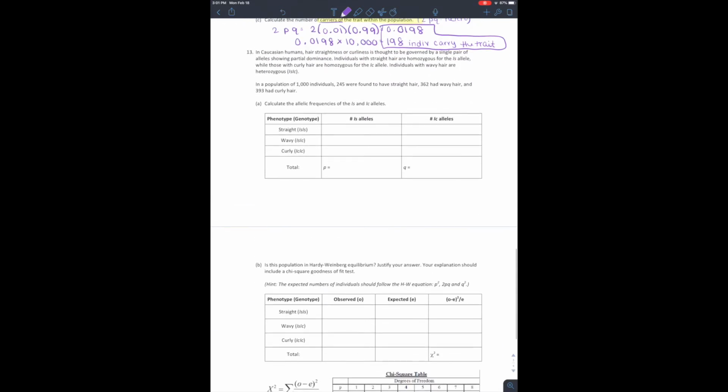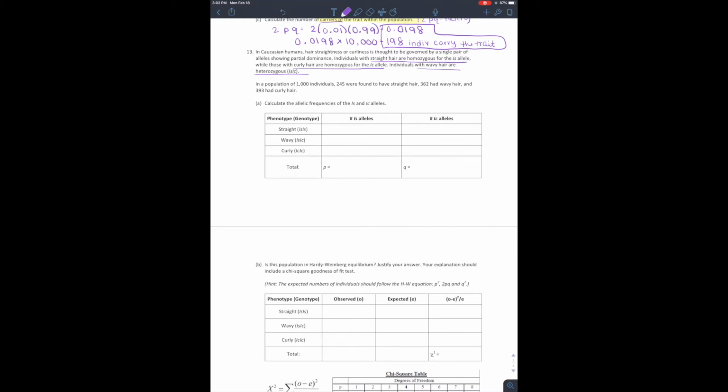So, in Caucasian humans, hair straightness or curliness is thought to be governed by a single pair of alleles showing partial dominance. Individuals with straight hair are homozygous for the IS allele, while those with curly hair are homozygous for the IC allele. Individuals with wavy hair are heterozygous ISIC.